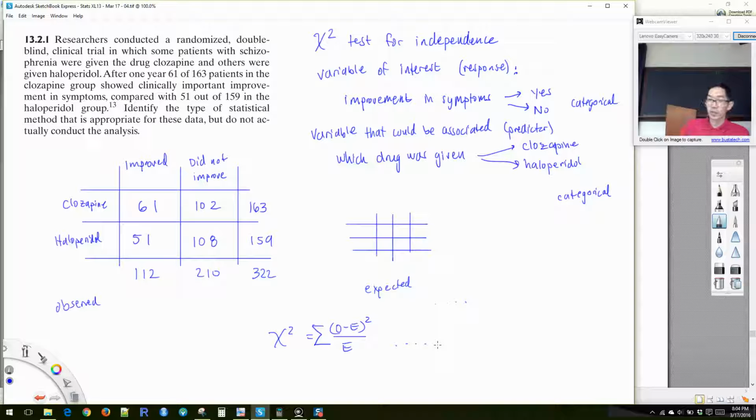So the null hypothesis here would be improvement is independent of drug given. And then the alternative would be that one of these drugs is more effective than the other, basically, in terms of producing improvement.